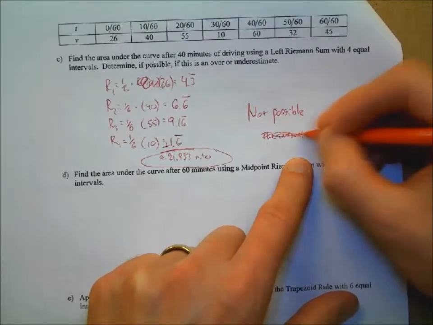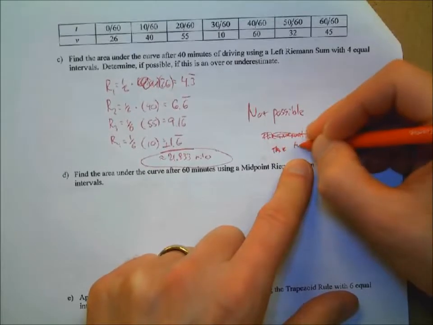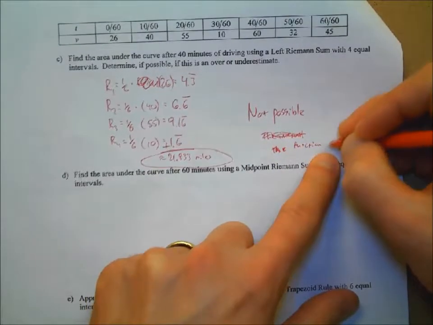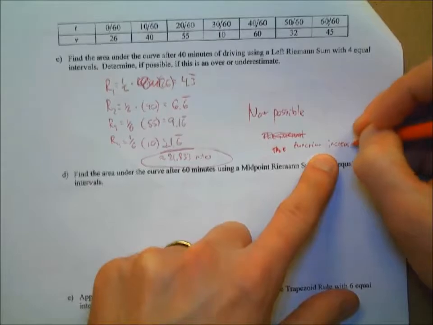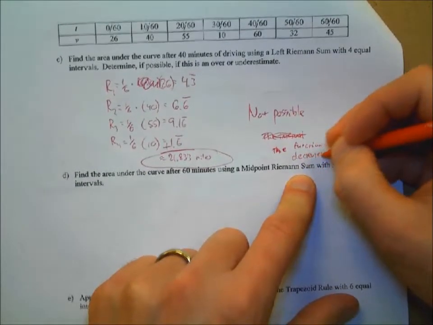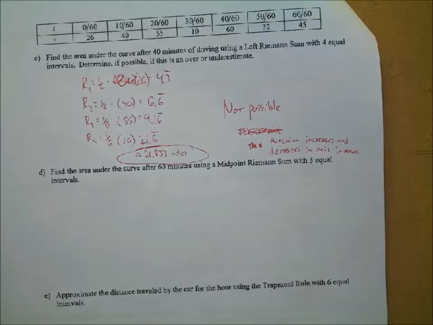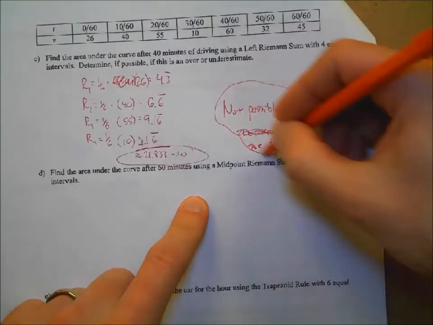The function increases and decreases in this interval. That's our justification there. So it's not possible to determine.